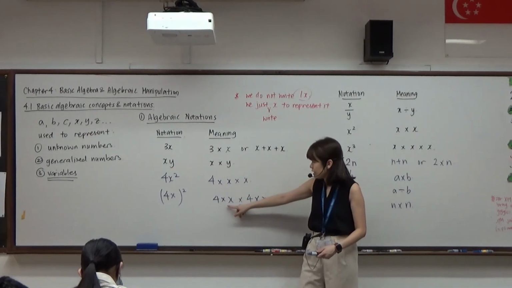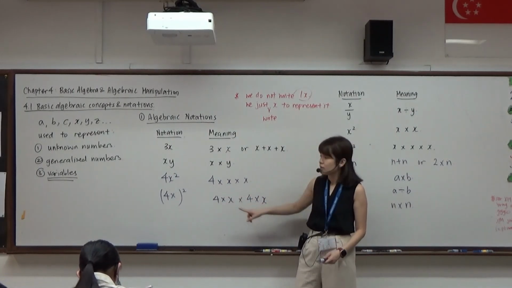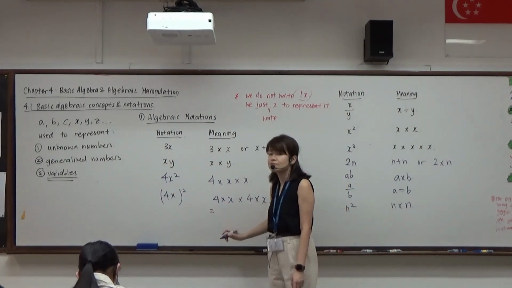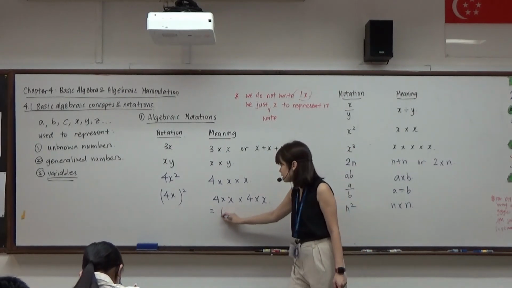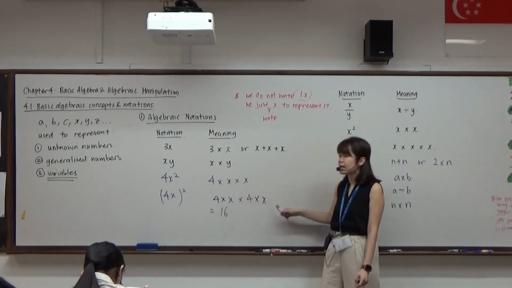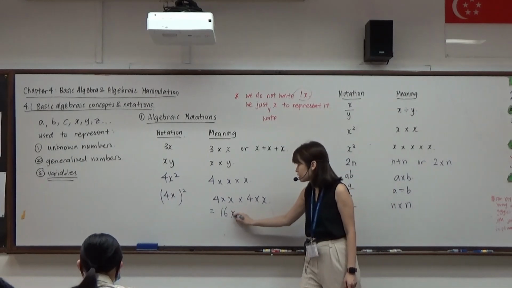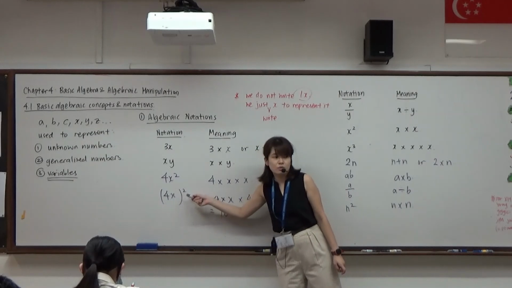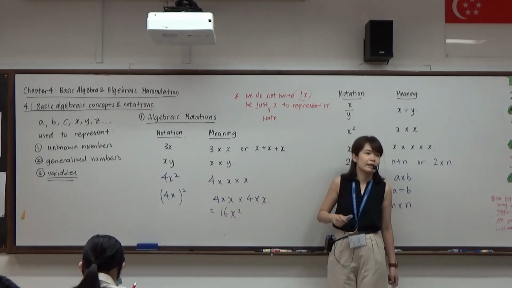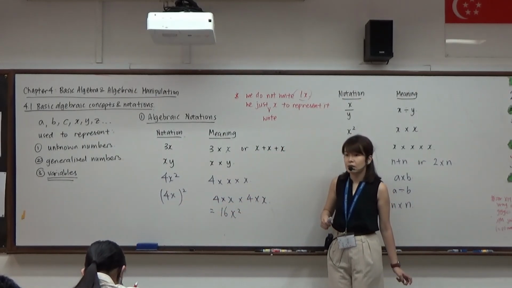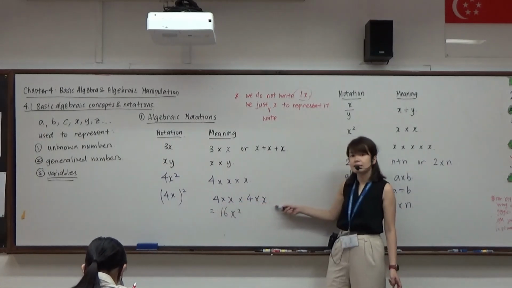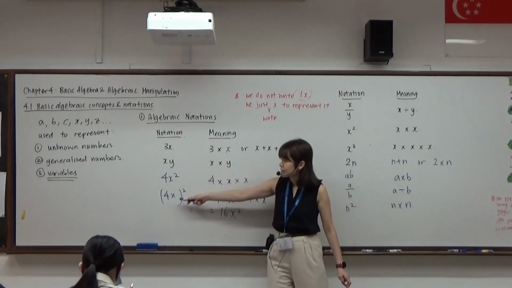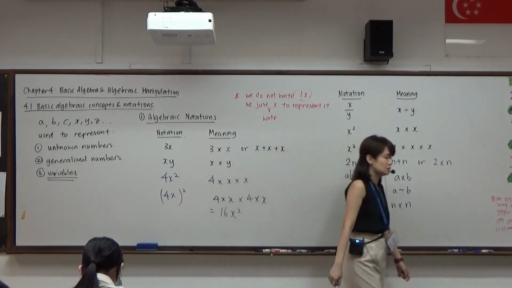If I want to simplify this, what is 4 times 4? 16, right? Then x times x is x squared. So actually, bracket 4x squared means 16x squared. You understand? To open it up, it means this. So I want you to recognize that this and this are equal, but this and this are not equal. Alright?